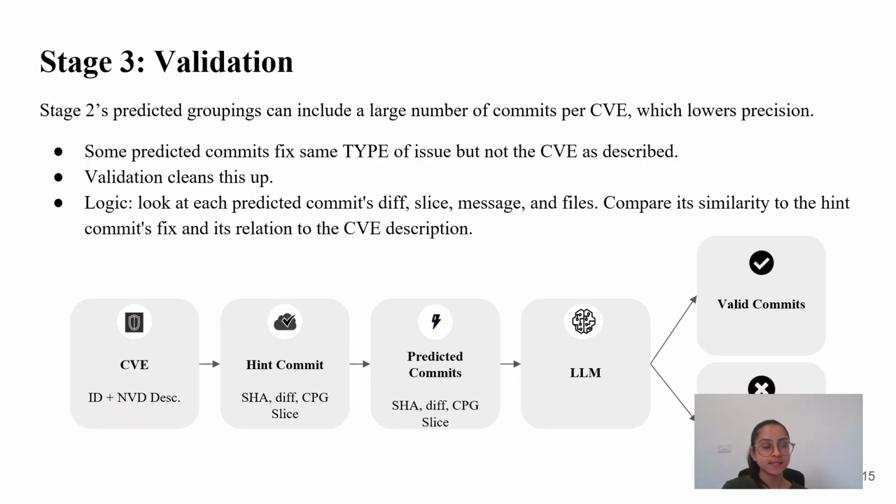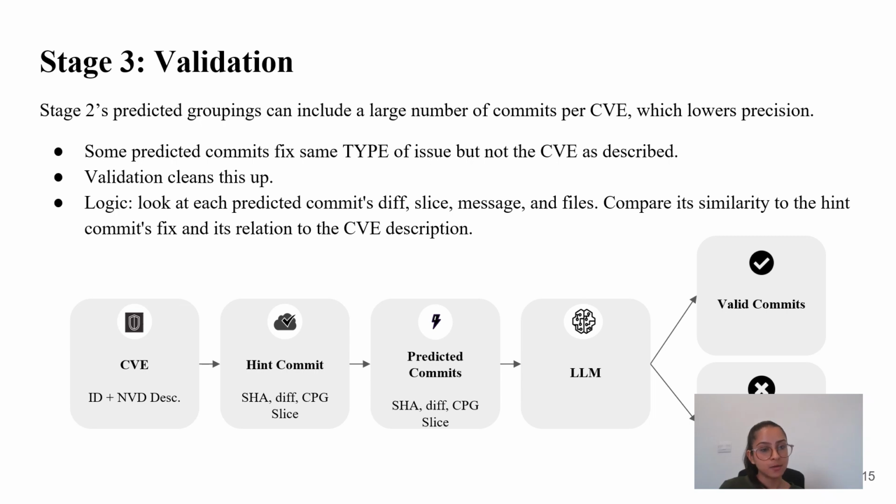And finally, stage 3 is the validation process, where it addresses how stage 2's predicted groupings can include a large number of commits per CVE, and that leads to a lowered precision. And additionally, some of these predicted commits fix the same type of issue, but not the exact CVE as described. And validation works to clean that up.